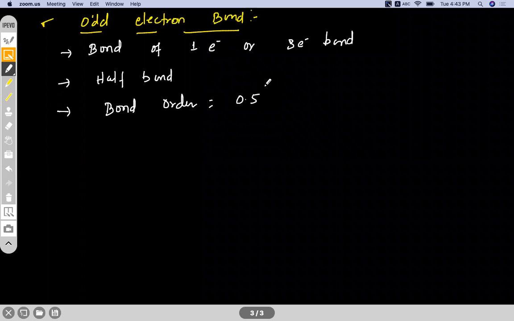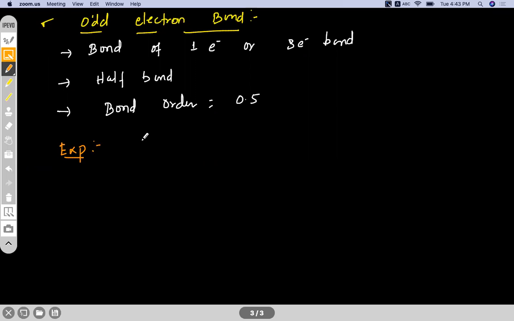Okay. Look at this example. The molecules which have an odd number of electrons are said to have odd electron bond.